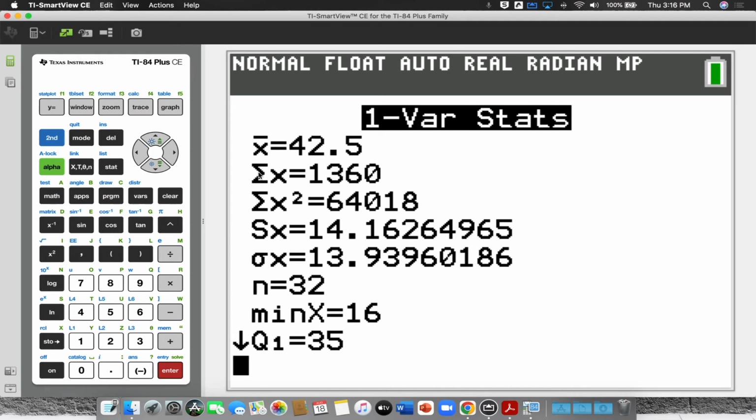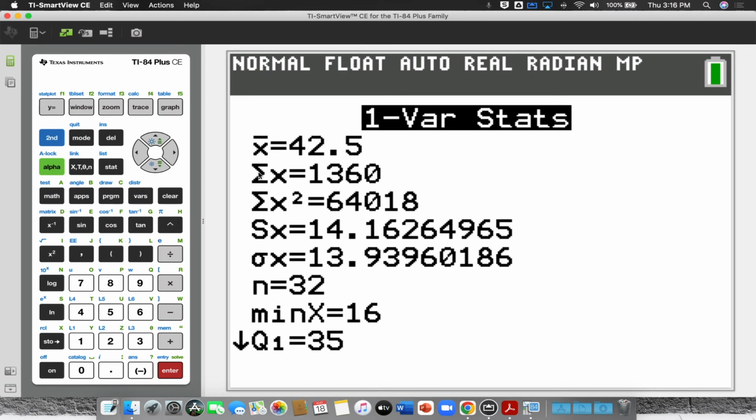Summation. Yeah, summation notation. It means you're going to add up a bunch of stuff. So with this 1360, it took every number in the list and added it up. Do I need that? No, but it's there. The next one, sigma x squared, squared every number in my list and added them up. Again, do I need that? No, but it's there. The next two are standard deviation. Don't worry about those.